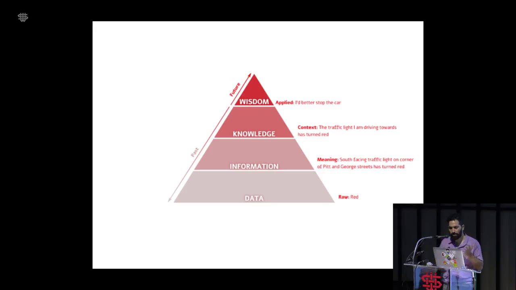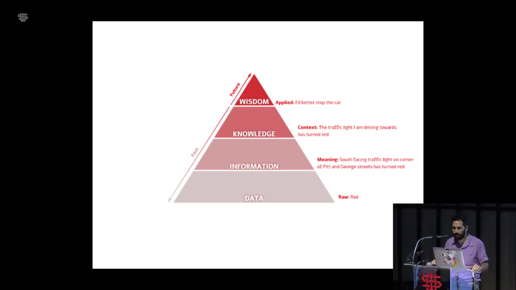So the DIKW model for knowledge is based on this idea that at the basis we have data, and then on top of it information, knowledge, and wisdom. What it means is that the data would be, for example, red. What red? Red, just red.